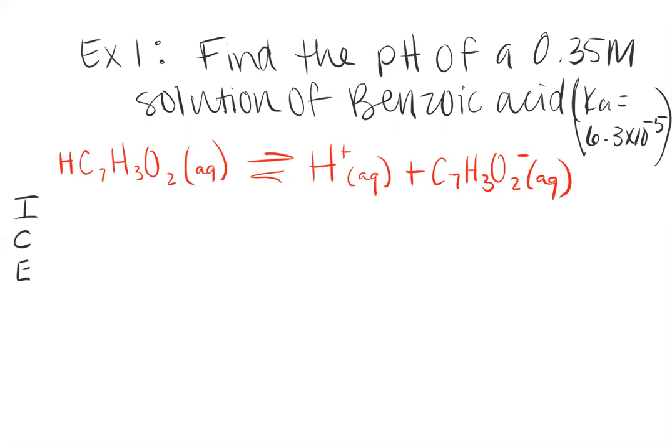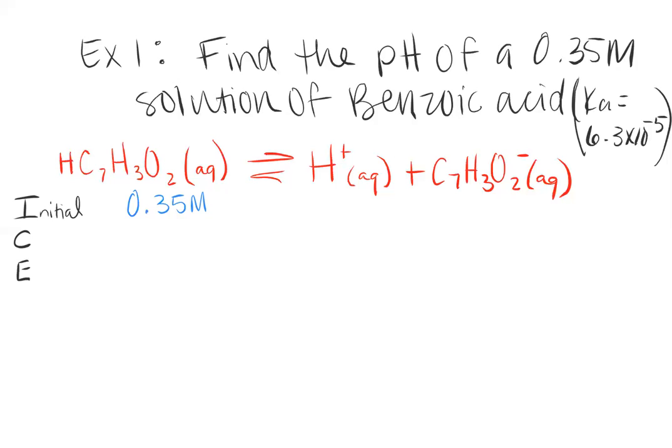So the I stands for initial, I-N-I-T-I-A-L. So the initial concentration in the problem of the benzoic acid given to us is 0.35. So I'm going to record that here in the initial part of our table, 0.35 molarity. We're all going to be in molarity dealing with concentration, so we don't actually have to show that unit there.